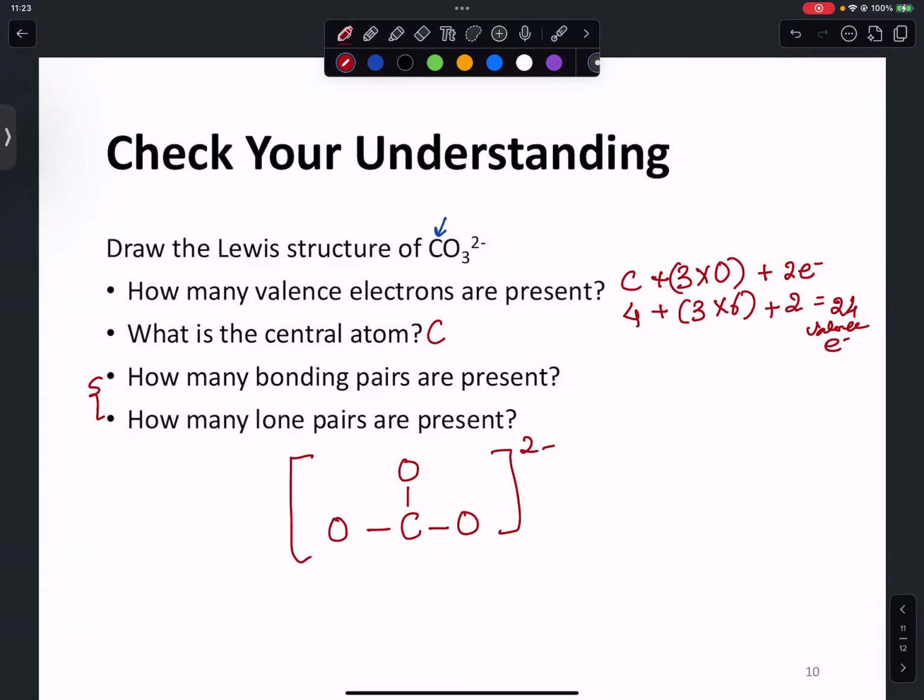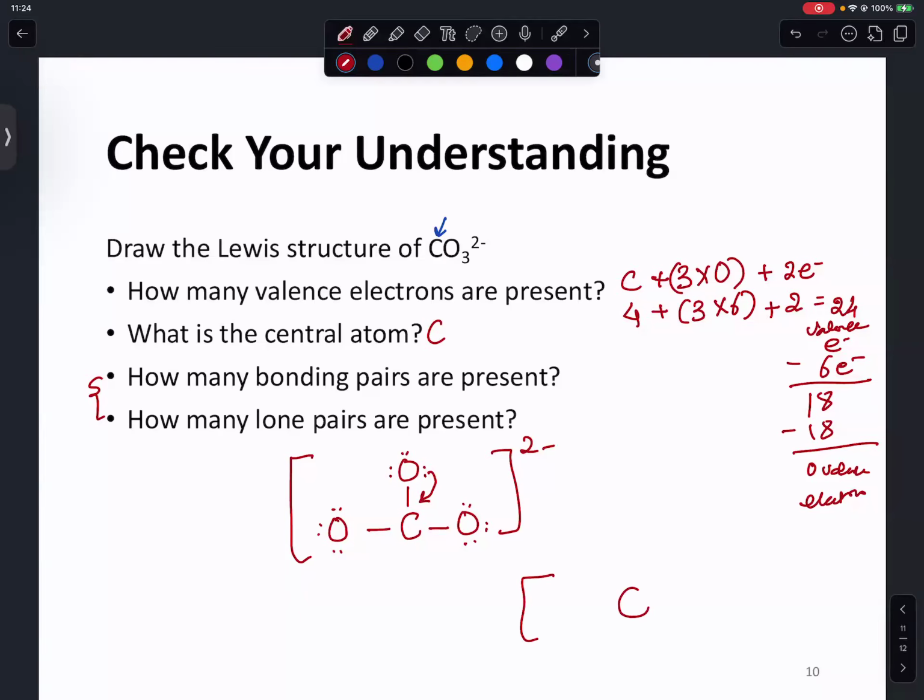So in this case, 1, 2, 3 bonds, so we have here 6 electrons. So 24 minus 6 is 18. So minus 6 electrons will be 18 left. And then I will complete the octet of the oxygens: 2, 4, 6, 8, 10, 12, 14, 16, and 18. So minus 18, I have 0 valence electrons. And very similar to the example that we did before, one of the lone pairs from one of the oxygens is going to be used to complete the octet of the carbon.